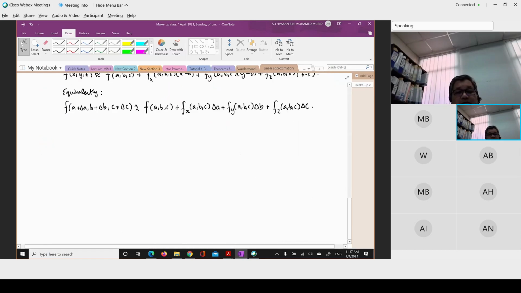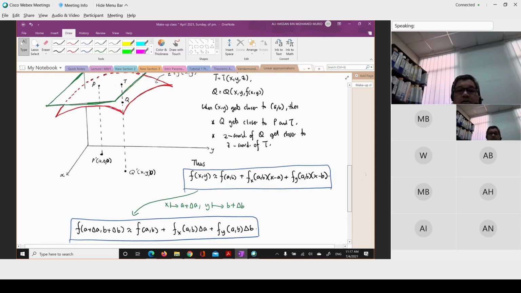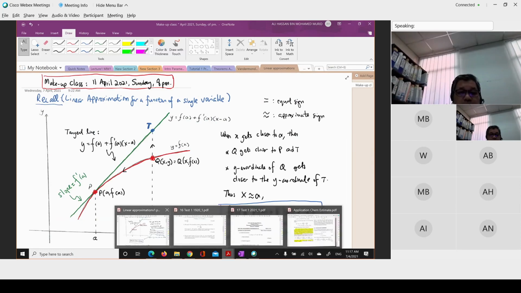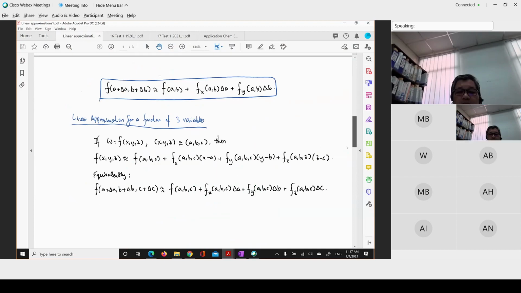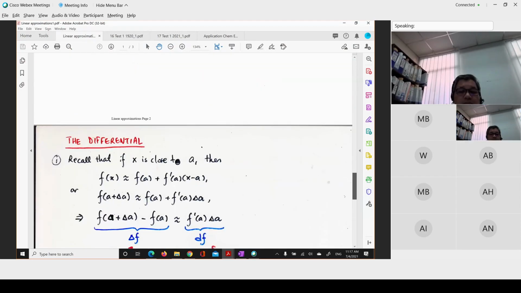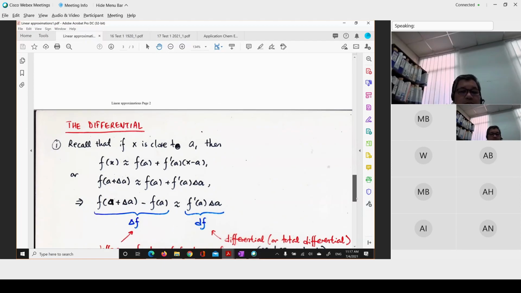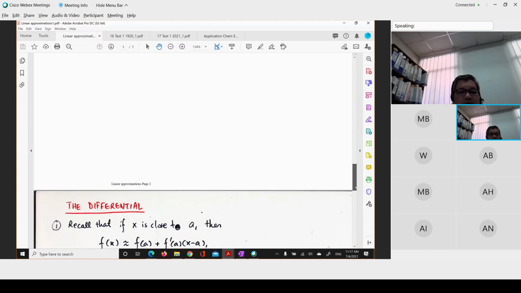Okay, let's see some example. The next thing is the concept of differential.